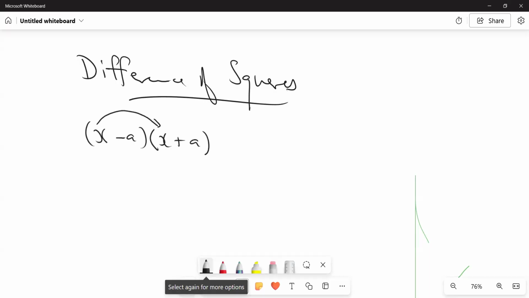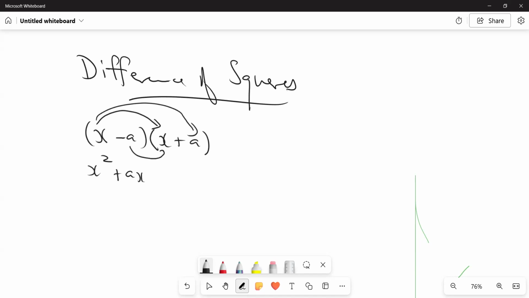Again, if we expand, we get x squared plus ax, then minus a times x, and you're left with minus ax minus a squared. What do you notice happening here? So the ax and the minus ax cancel out one another. You see that?